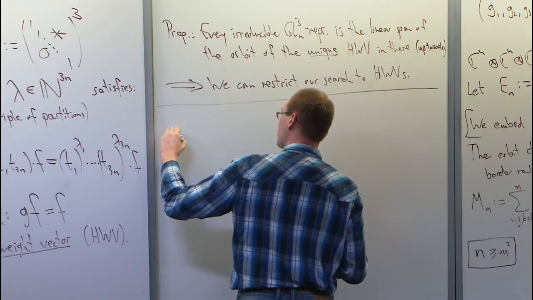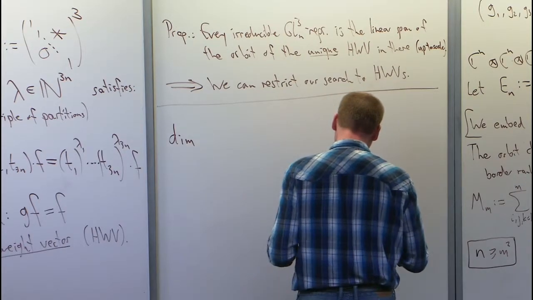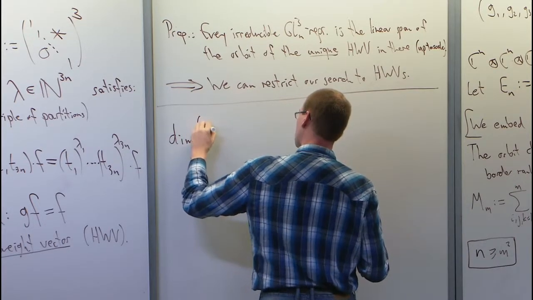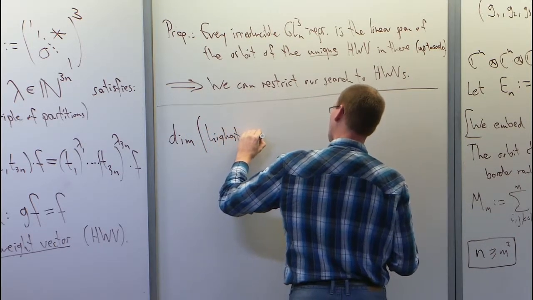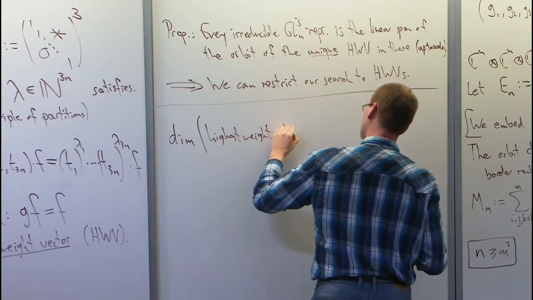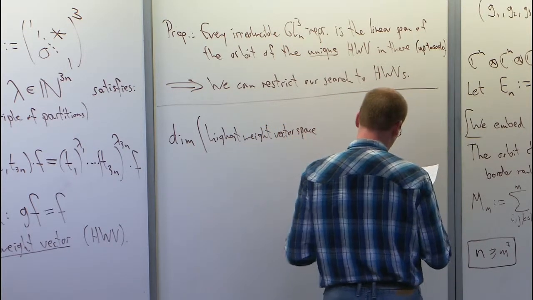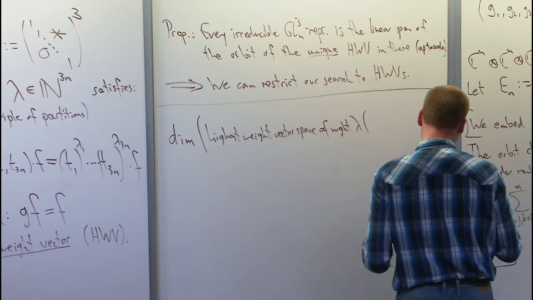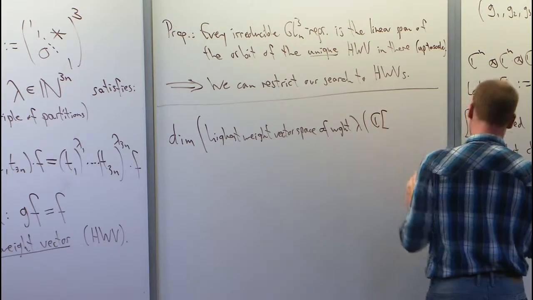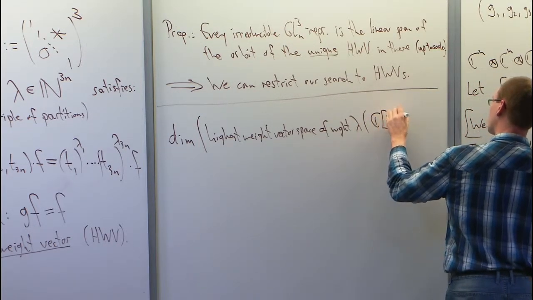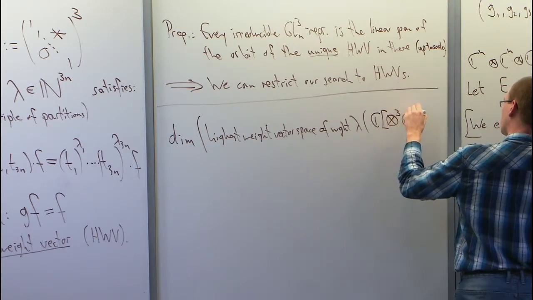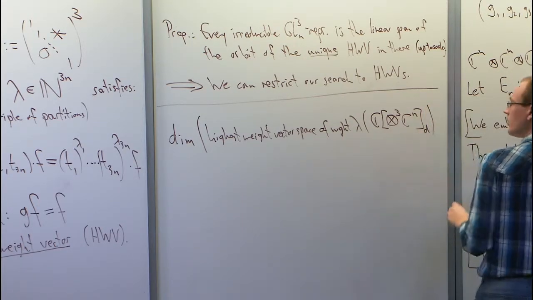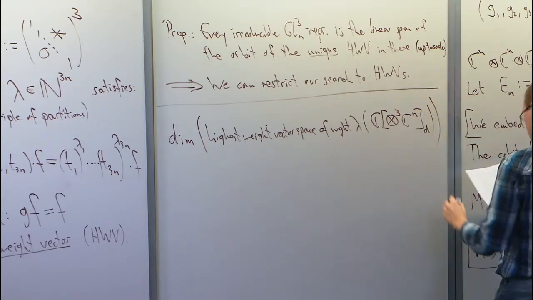So the dimension of the highest weight vector space of weight lambda inside our coordinate ring, what we're actually interested in, the third tensor power of Cn, in degree d, this is the space of all these highest weight vectors.